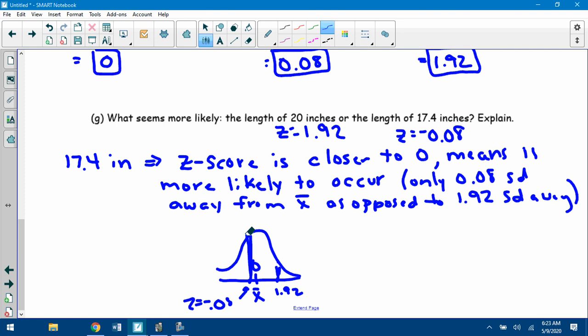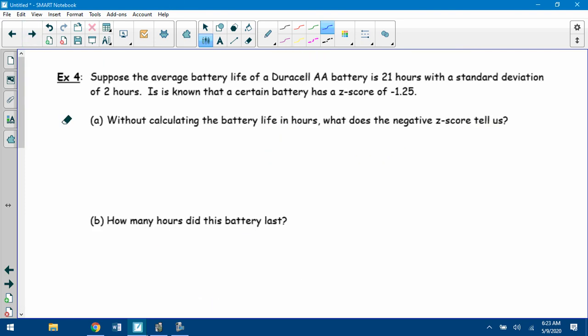All right, a couple more examples with z-scores and then we're done. These should go quick. Suppose the average battery life of a Duracell AA battery is 21 hours with a standard deviation of 2 hours. It is known that a certain battery has a z-score of negative 1.25. Without calculating the battery life in hours, what does the negative z-score tell us?